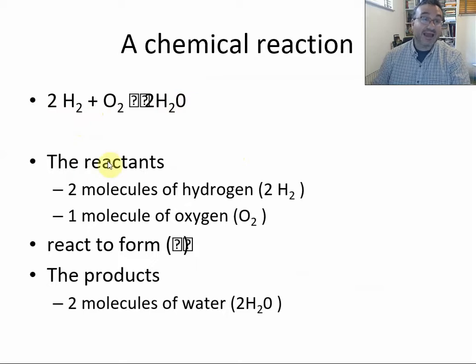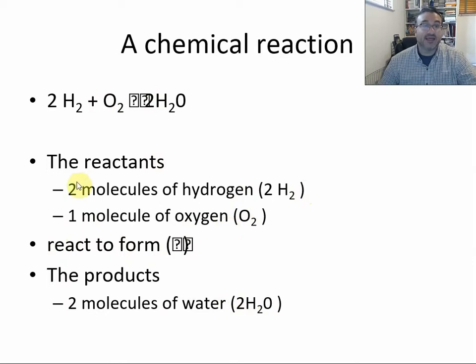molecules. The reactants are the 2 molecules of hydrogen and 1 molecule of oxygen. Even though it doesn't say 1, we assume that it's there. An arrow, which my PowerPoint isn't showing, means that a reaction is happening, and it leads to the products, 2 molecules of water. The 2 out front means there's proportions of twice as much of this as 1 of that. It scales up.